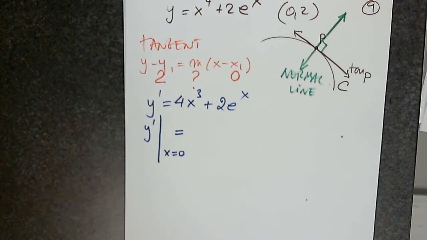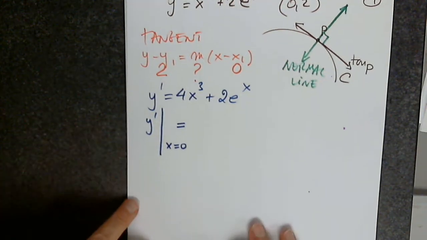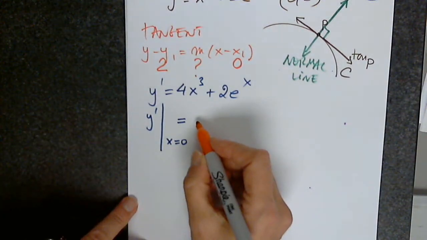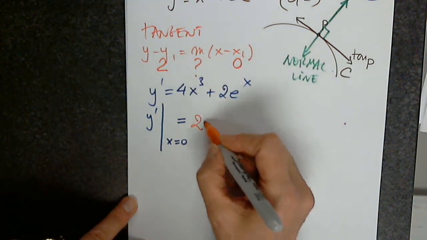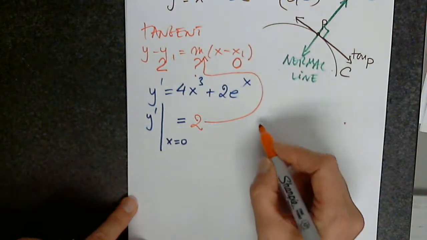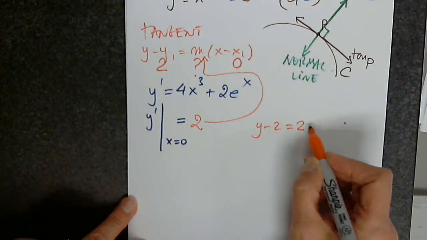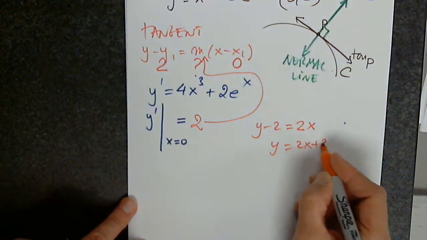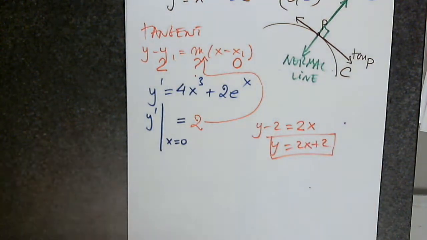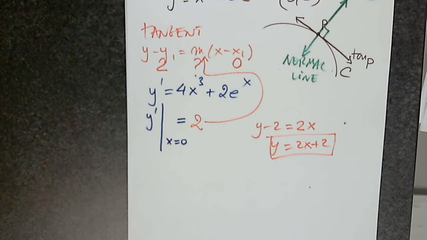How do I do that? And how much is it? 2. So then the slope is 2. So y minus 2 equals 2 times x, or y equals 2x plus 2. Any questions?